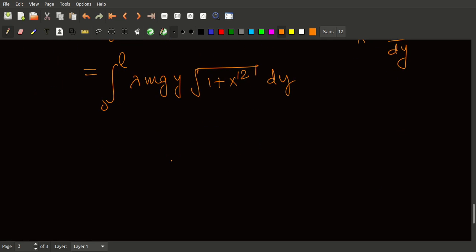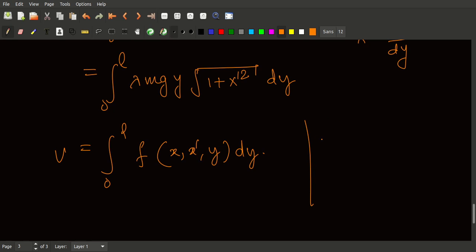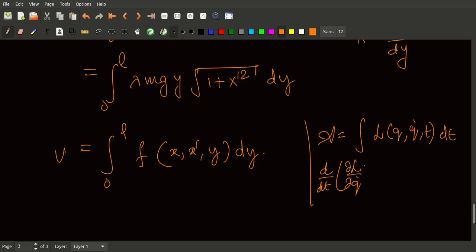So I am rewriting this again as the integral from 0 to L of some function f of x, x dash, y, into dy. Now compare this with the action equal to the integral of the Lagrangian L of q, q dot, t dt, from which you obtained the Euler-Lagrange equation, d by dt of del L upon del q dot minus del L upon del q equal to 0, by minimizing this action.